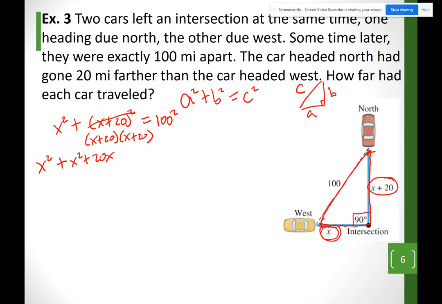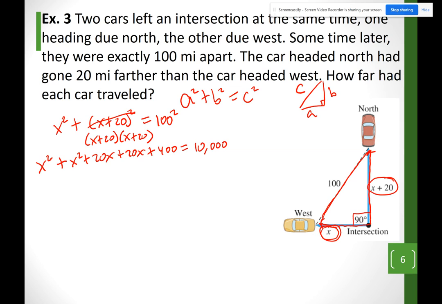Now let me distribute the 20 from the first parenthesis, that gives me plus 20x plus 400. 100 squared, right? 100 times 100, that is 10,000.